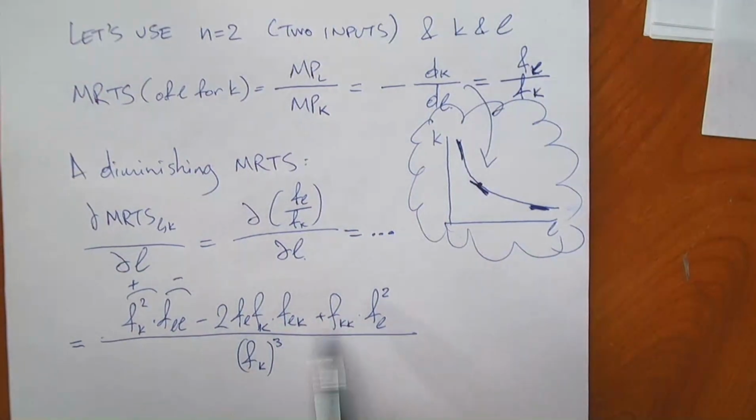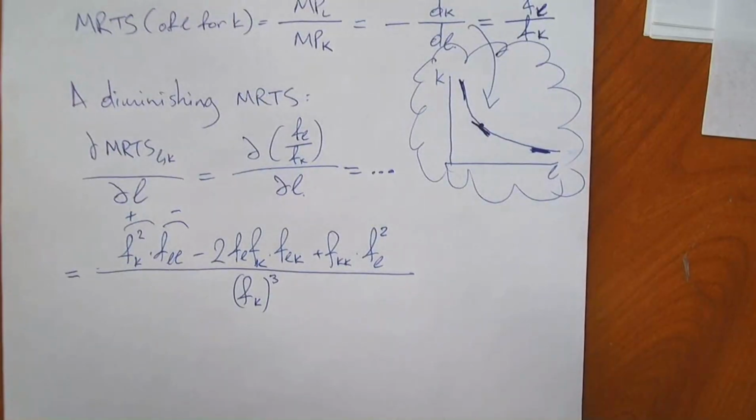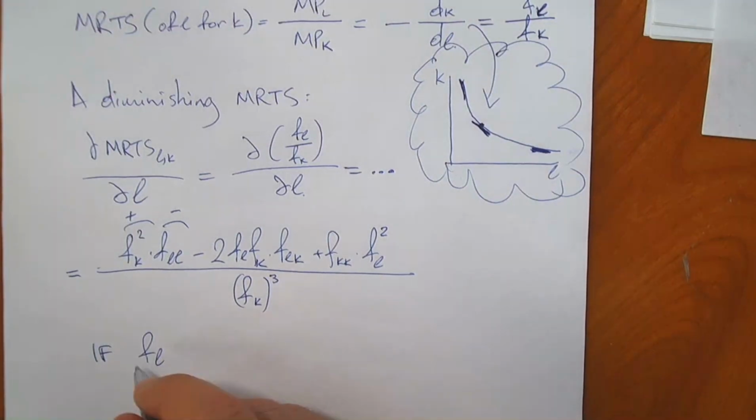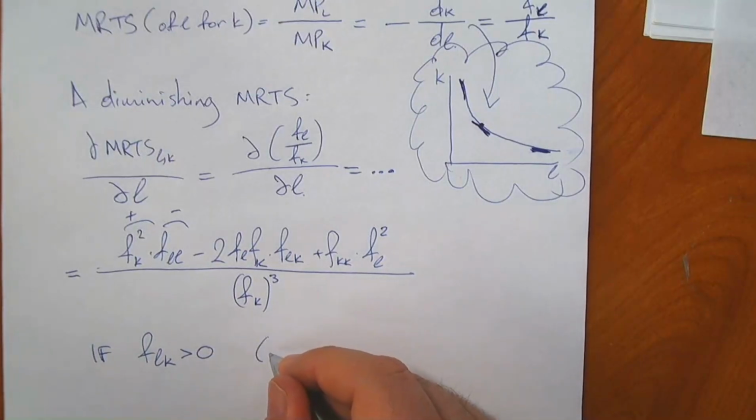You're going to be examining the different signs of these quantities. Eventually there are a few things that need to happen if you want the derivative of the MRTS with respect to labor to be negative, right? If the rate of change of the marginal product of labor with respect to capital is positive, that is essentially what we're saying here.